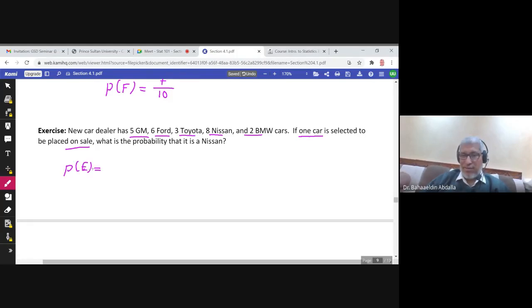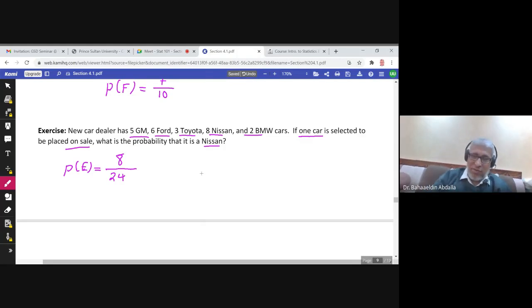Okay, the total number of cars, the total outcomes, we will select one car. So each car is an outcome. What is the total number of cars? 5 plus 6 plus 3 plus 8 plus 2, that is 24. We need to select a Nissan. How many Nissans are there? 8. So the probability is 8 over 24.